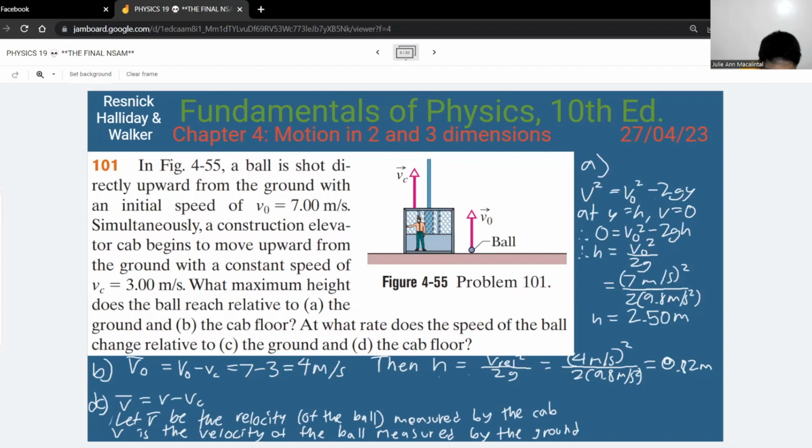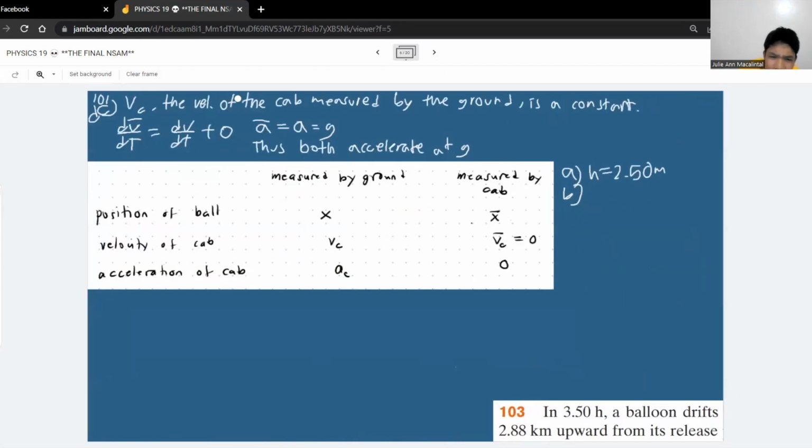Sige, balik ka dun sa sinet up ko na equation na x bar is equal to x minus x cab. So if you differentiate that, you're going to get v bar is v minus v cab. So v cab is going to be a function of time din. Tapos, yung acceleration, so a bar is equal to a minus, ano yung acceleration ng cab? So AC.